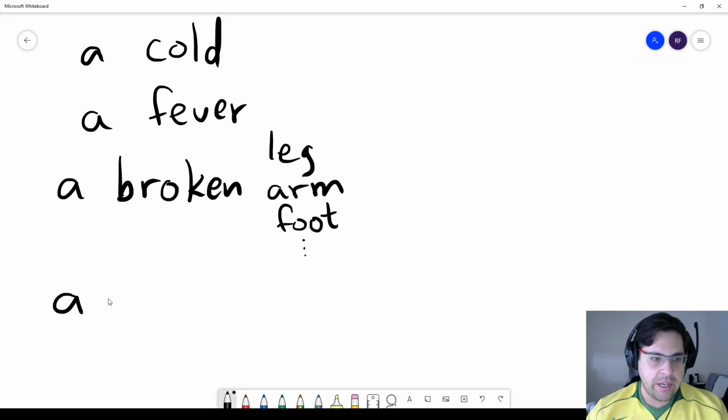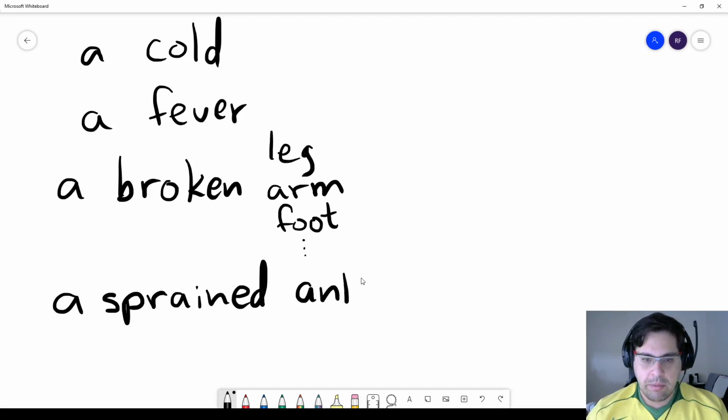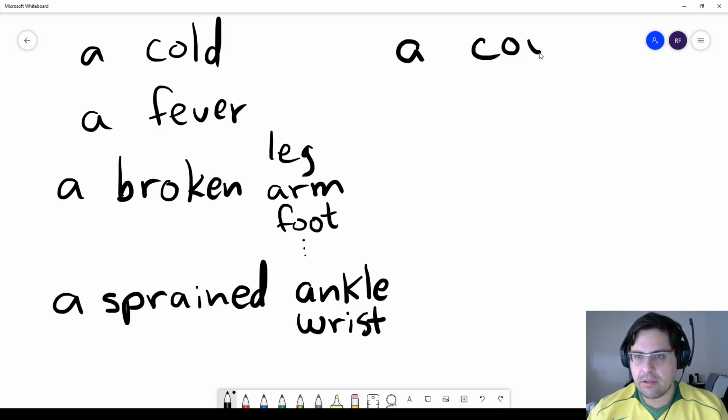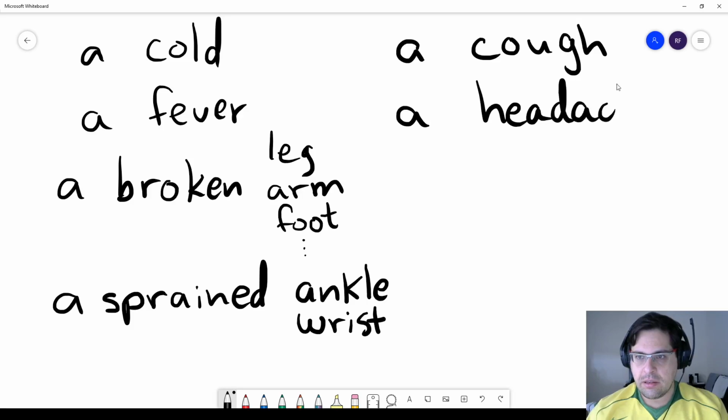Or you can say sprained. Sprained ankle, maybe. Or a sprained wrist. Okay. We can also use to have to express a cough. So I have a cough. Okay. A headache. A backache.